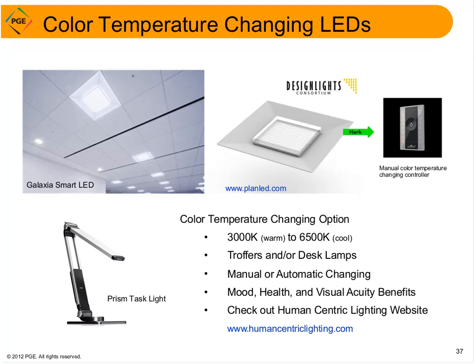You can see some of these fixtures that have won some awards at the Plan LED website. Color temperature changing fixtures can have a very positive benefit for your mood, your health, and also visual acuity. To find out more about this, you can check out the Human-Centric Lighting website. Also put on your calendar, the PG has scheduled a half-day seminar on human-centric lighting in late September.